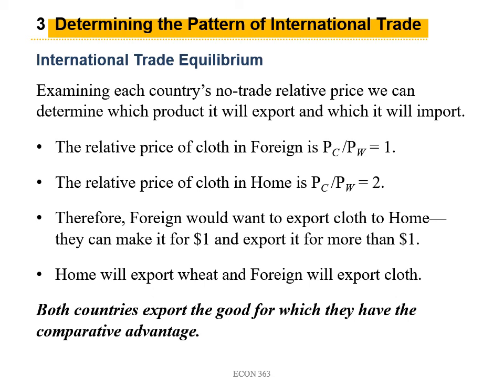I'll get double if I start exporting my wheat from the home country to the foreign country. So starting from this initial situation, after you've opened up to trade and no trade between countries has happened yet, home will start exporting wheat and foreign will start exporting cloth. Each country begins to export the good in which it has the comparative advantage.